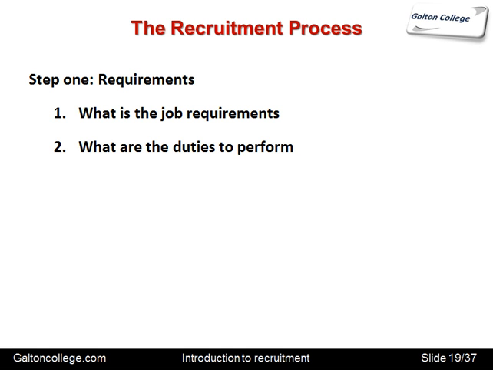So the management will look at the requirements of the job, and specify the duties, and then look at any special qualifications that may be required to complete the tasks that have been identified.